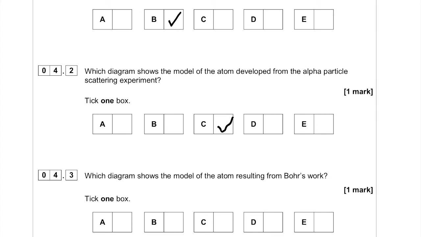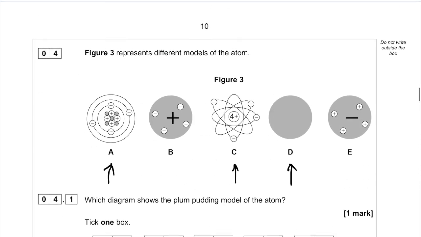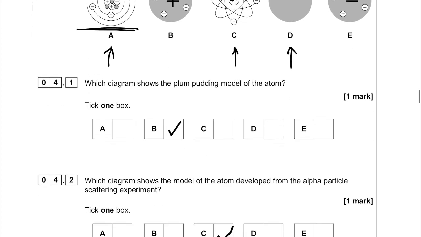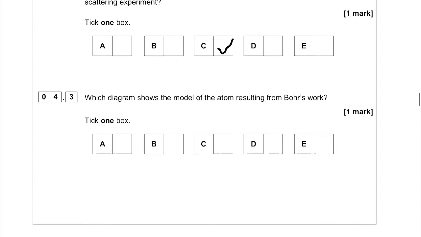Then, which diagram shows the model from Bohr? The Bohr model is the one with distinct different energy orbitals and layers of energy. The first orbital has 2 electrons, then the second has 8, and so on and so forth. So A is the only one that applies to the Bohr model.